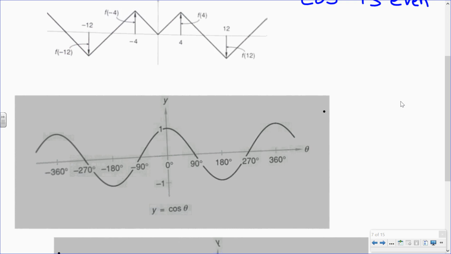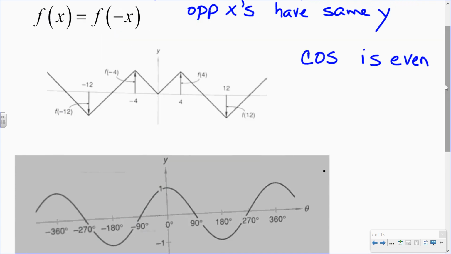So for this one, if I take 45 and -45 degrees, they have the same cosine, √2/2.